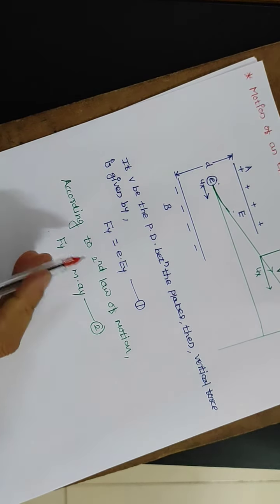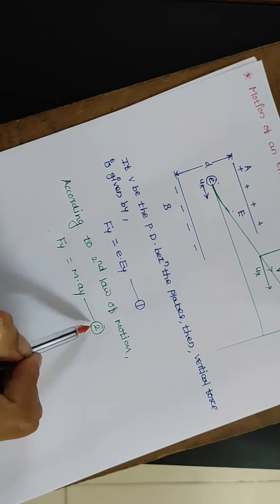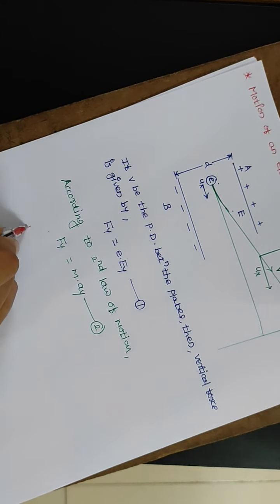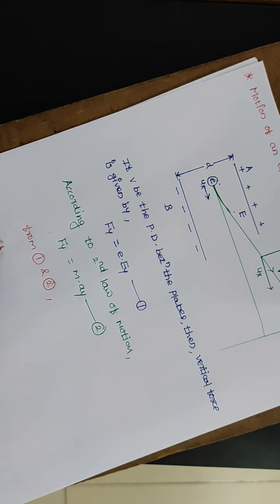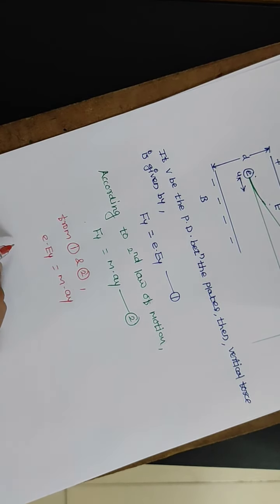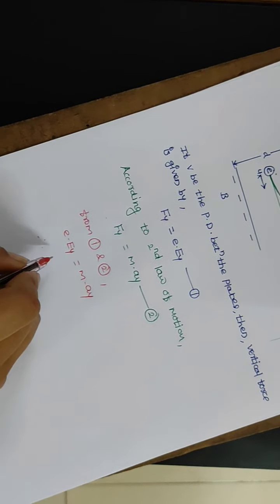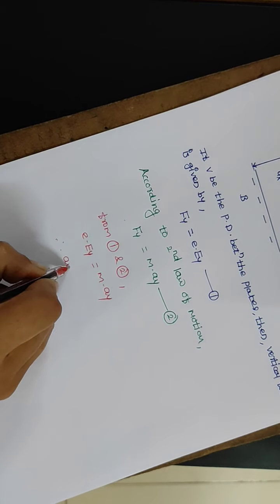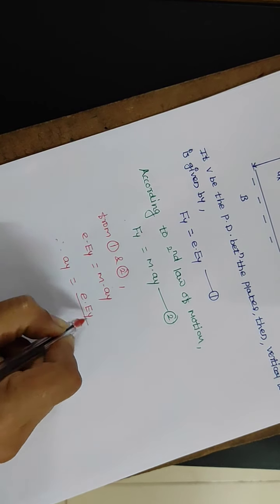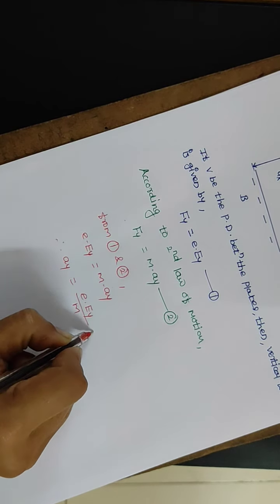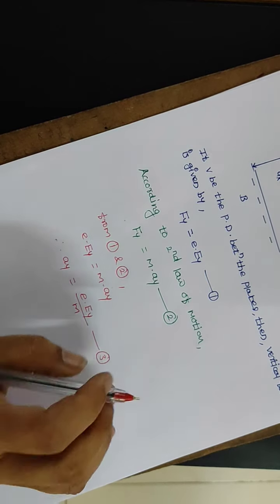Comparing equations 1 and 2, we can write ay is equal to eEy divided by m. Give this equation number 3.